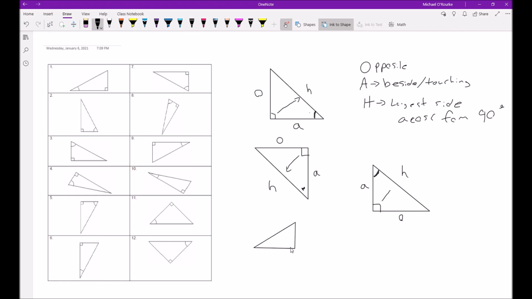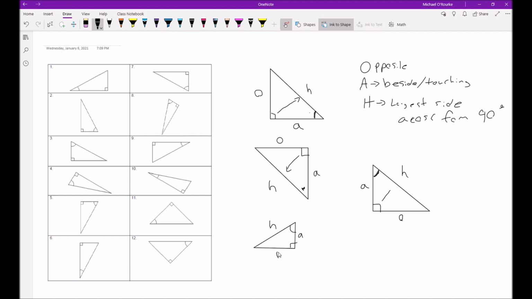Let's do from here. So where's my hypotenuse going to be? It's across from here, the long side. My adjacent is the one that's beside my angle, or touching it, so it's going to be there, and my opposite is across.